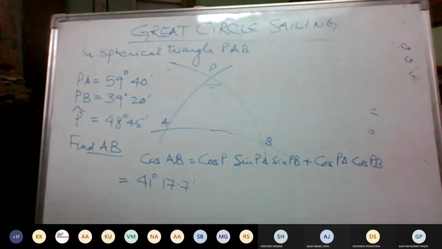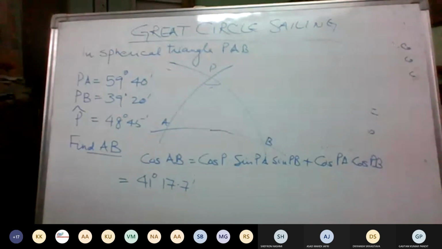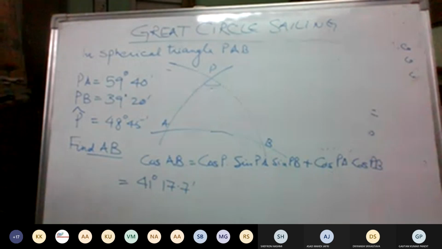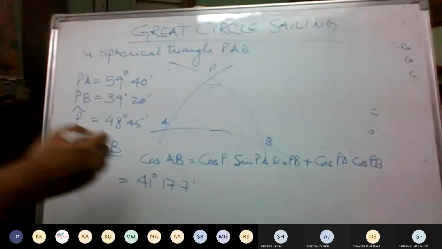If you know two sides and the included angle, not excluded angle, included angle, then we use the formula and we can get the opposite side of that included angle by this formula.